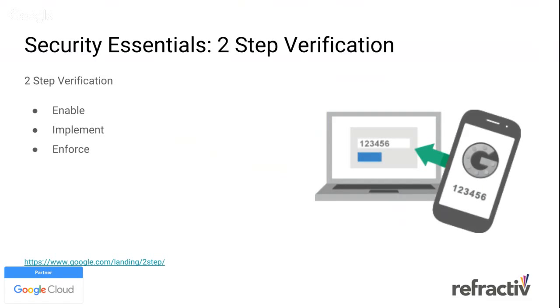In two-step verification, we can enable it as an admin. We can implement it, which means we say to everyone, you need to go and implement this, and we can review that in the admin panel, and then we can enforce it. So when we enforce it, we're saying this must be in place and you can't turn it off again. And there are ways within the admin panel where an admin can say, on this date it goes live.